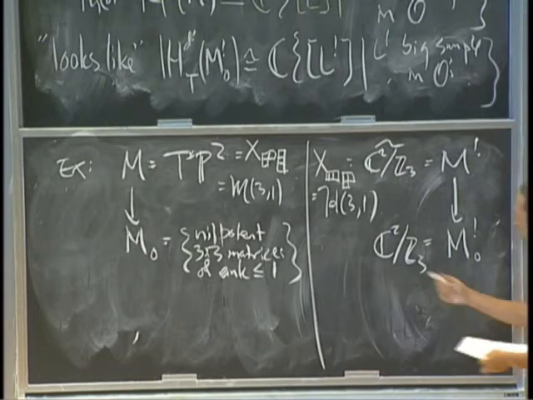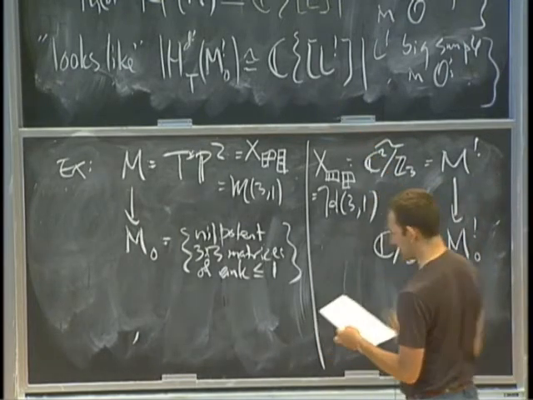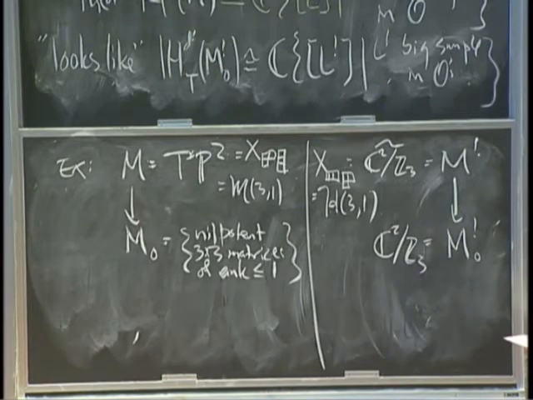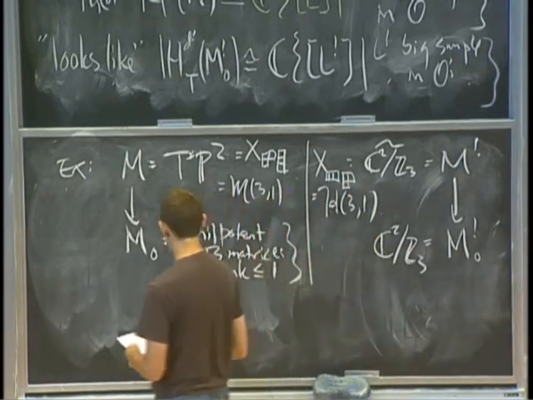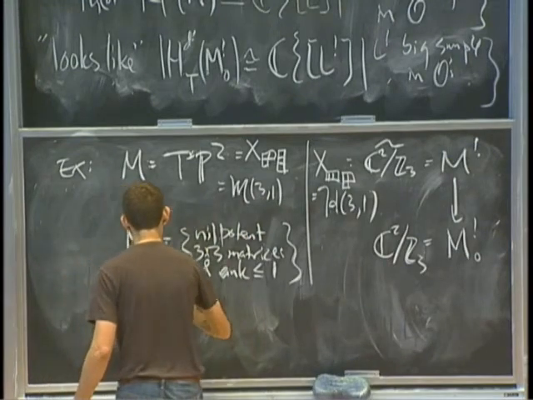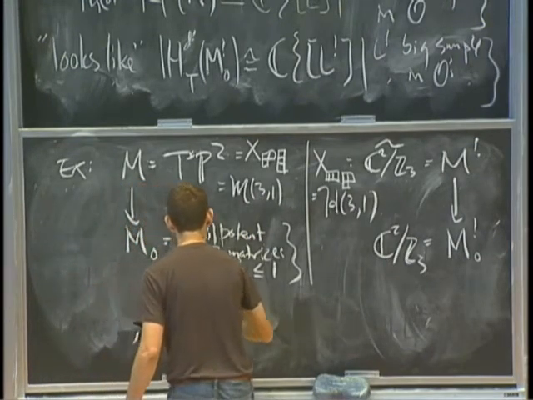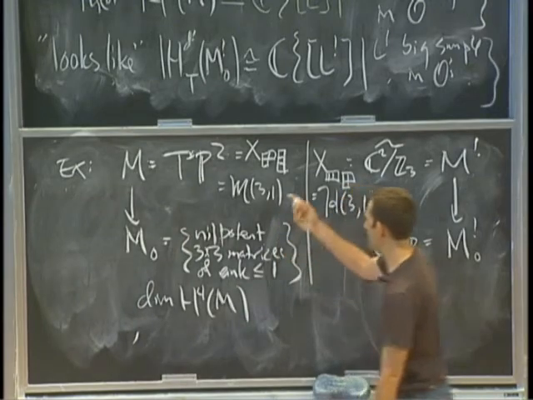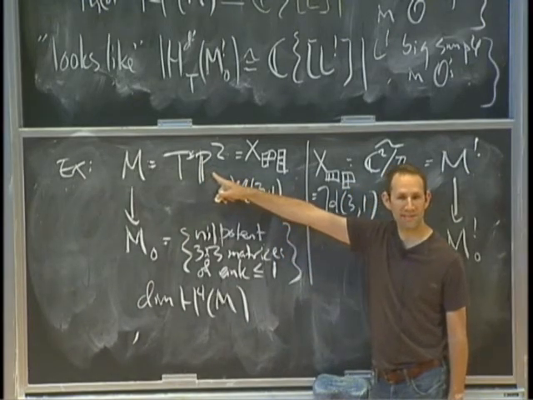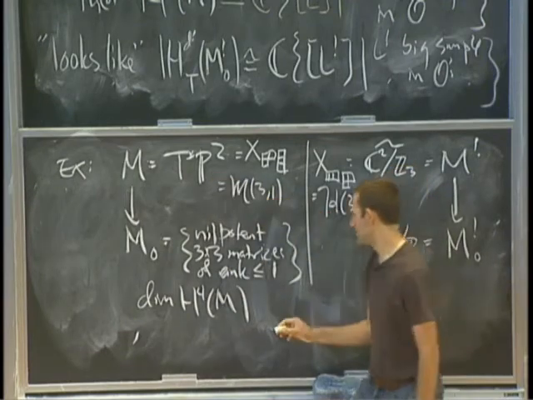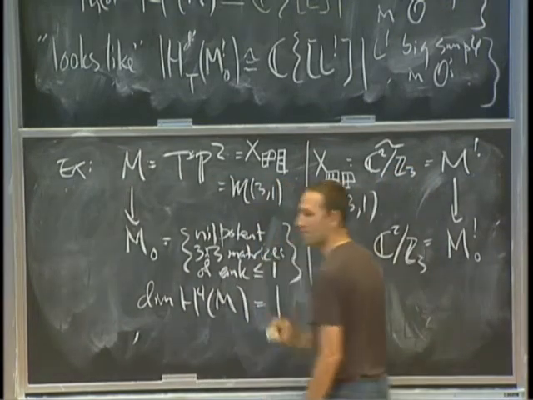Okay. So yeah, let's try to see this a little more explicitly, at least on the level of dimensions. The dimension of H4 of M, the top cohomology of M, well, the cohomology of this is the same as the cohomology of P2. So the top cohomology is one-dimensional.